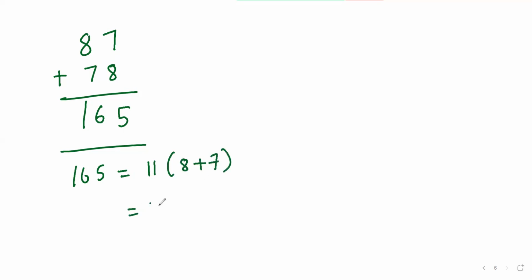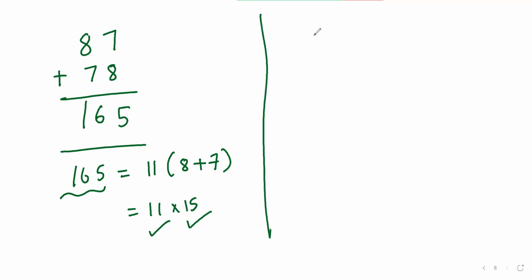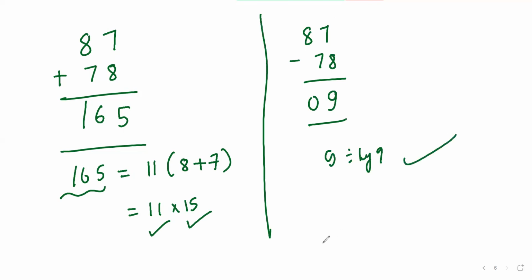Which means 165 is divisible by 11. 165 is also divisible by 15, which is the sum of the digits. Now, let me take the difference. 87 minus 78 will be 9 in this case, and 9 is anyway divisible by 9. So I hope this information was helpful.